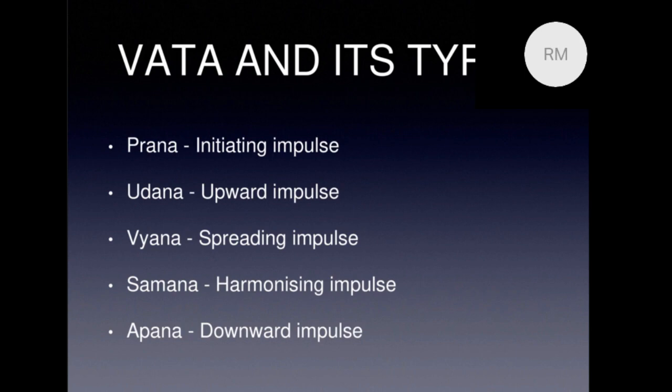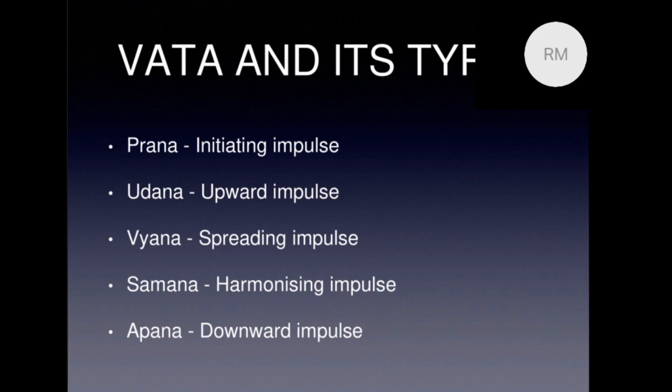So the upward moving vata is called udana, and the spreading vata is called vyana. So you can see here movement, heat, upward, and spread.